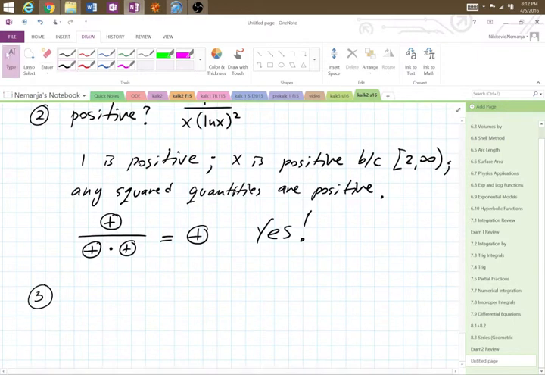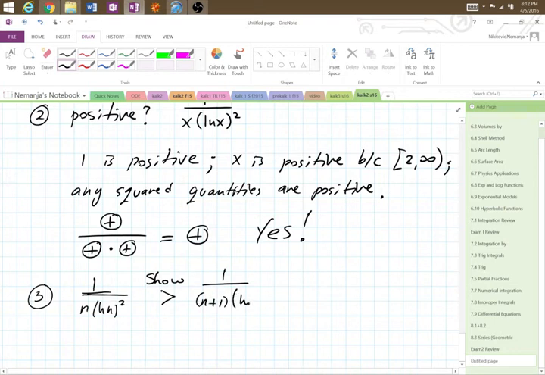So you have 1 over n (ln n) squared, and if you can show that that one is larger than the next term, which is 1 over (n plus 1) times (ln of n plus 1) everything squared, then you show it's decreasing, because n plus 1 lies to the right of n.